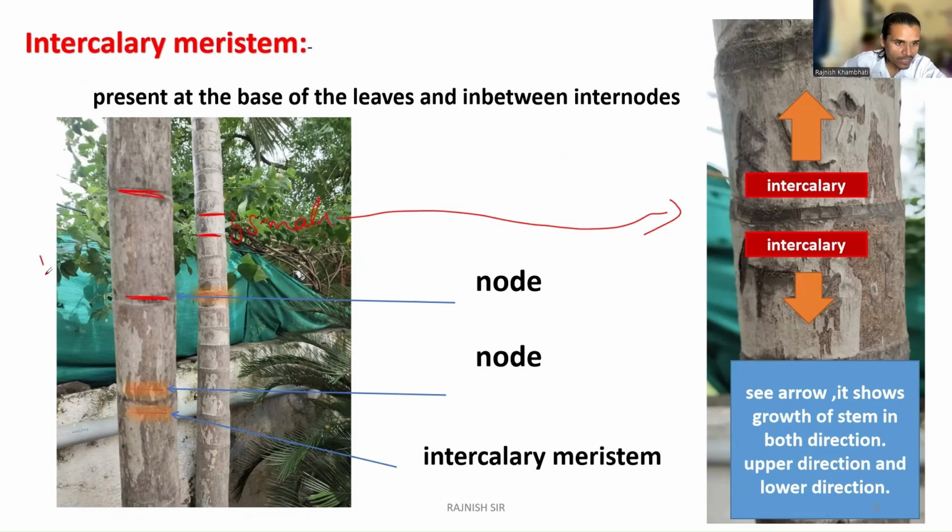You can see this is long in size and this is small in size. Now the question is how? Because they are growing upward. Now, what kind of growth is this? This is the growth of height. Means plant is growing in height.